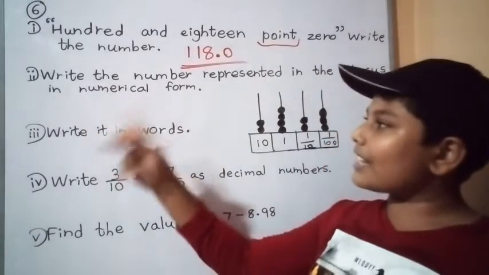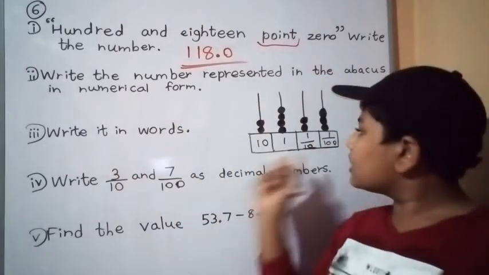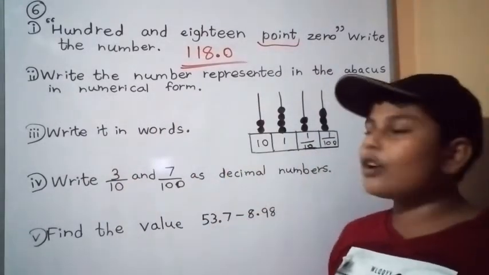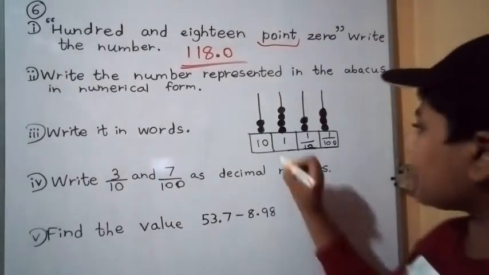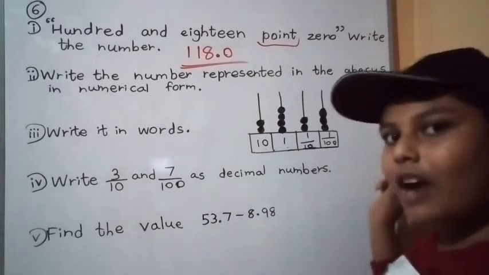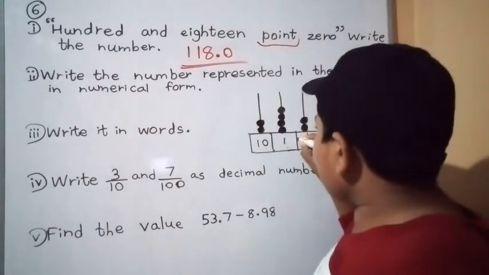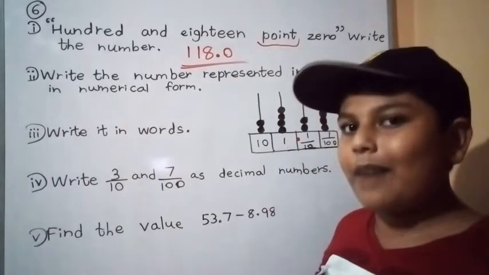Okay, let's move to the second question. Write the number represented in the abacus, this abacus in numerical form. Now, look, there is the 10s place, 1s place, 1 over 10 place, 1 over 100 place. There you know the point.